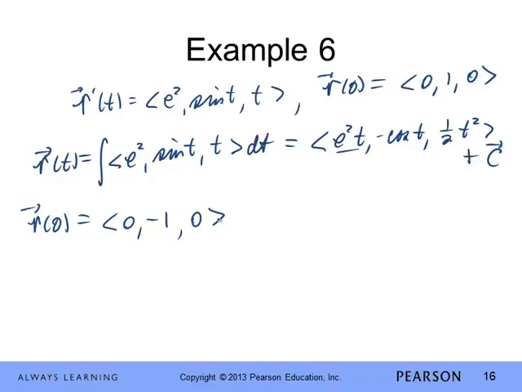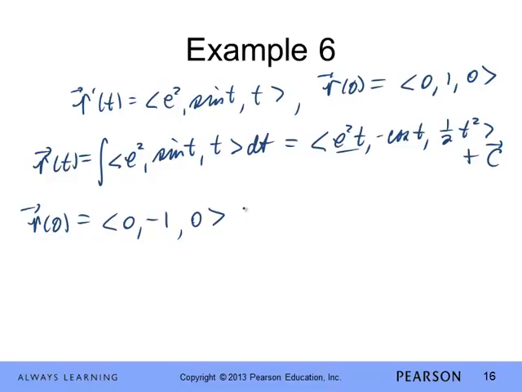So what is happening here? So the antiderivative of sine of t is equal to negative cosine of t? Okay.